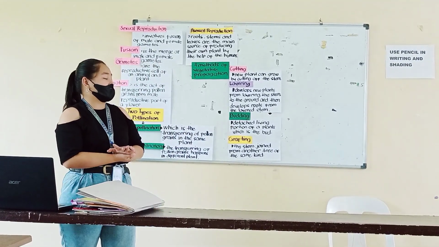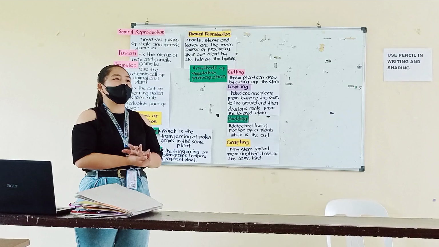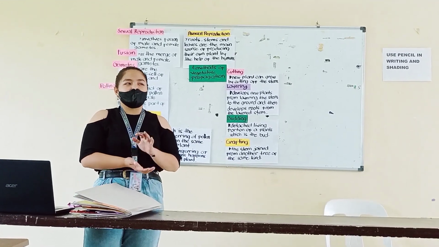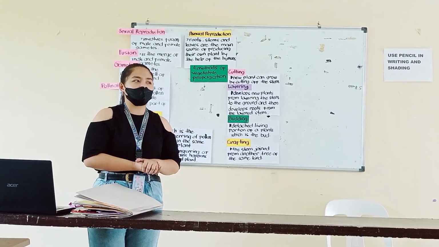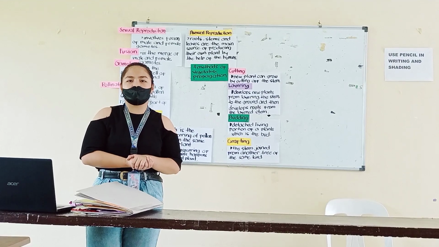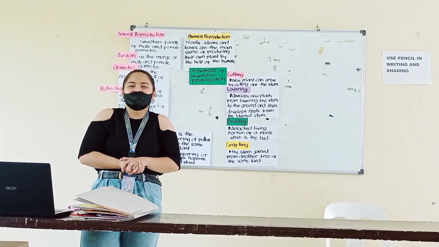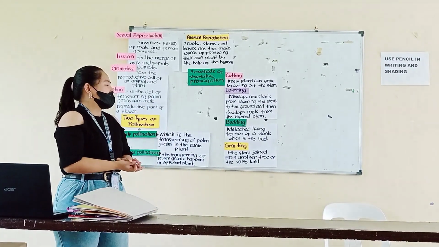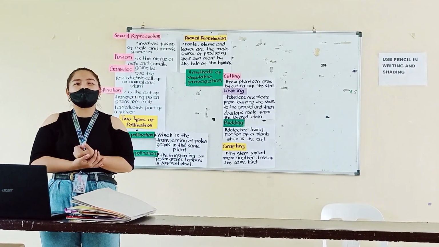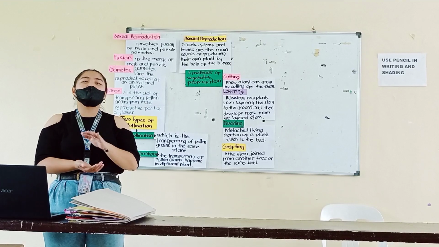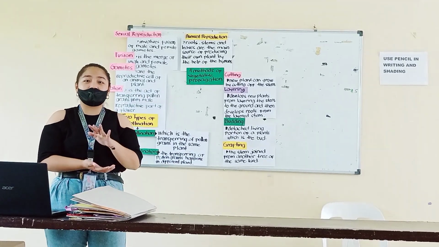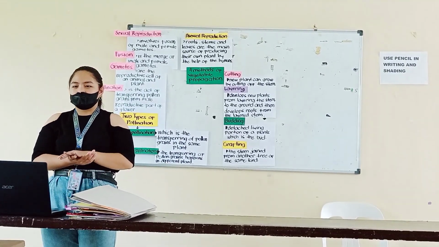And the second one is asexual reproduction. What is the plant that is usually used as an example? Okay, potatoes. Potato is used as an example of asexual reproduction because a potato reproduces another potato by its roots.